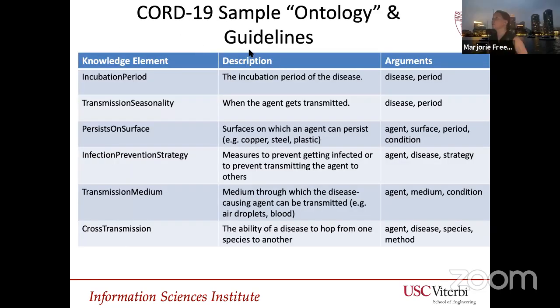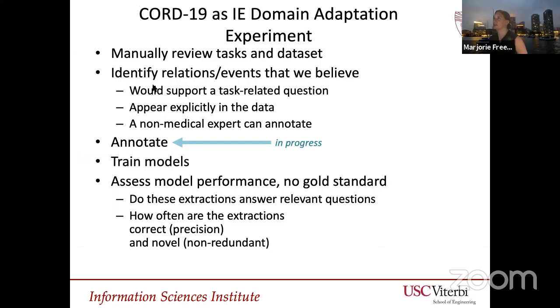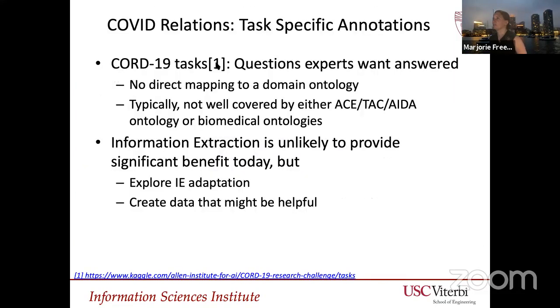Yeah, so we did that by reading these tasks. And I think one of the interesting things about this AIT challenge was we often talk about wanting to create annotation and information extraction models that are useful to the end users. We're not creating these for ourselves.